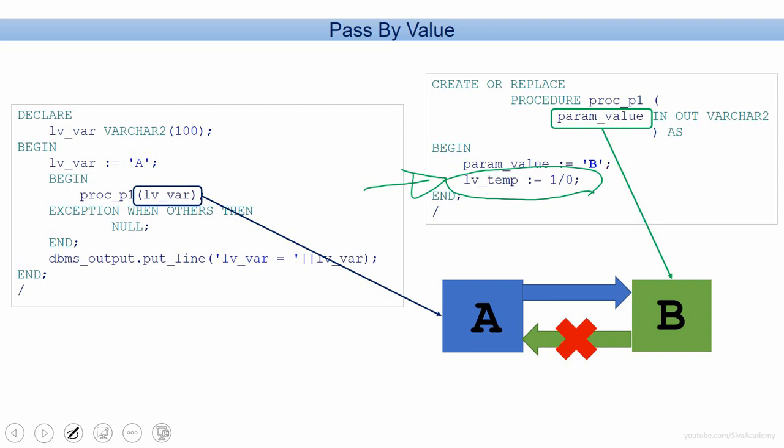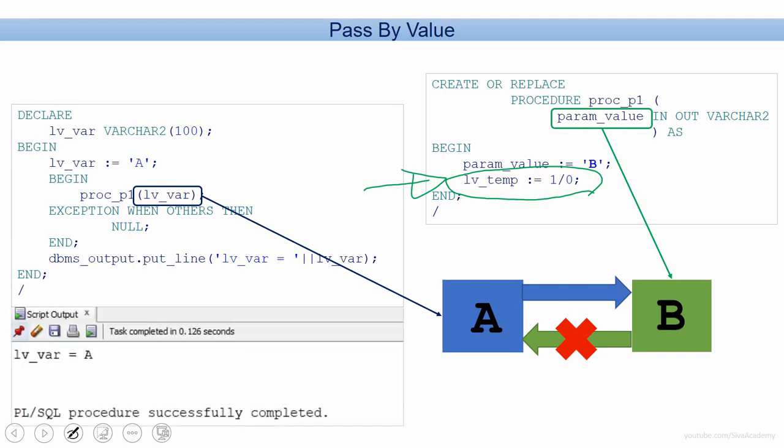Since an exception is raised inside the procedure, the control will immediately go back to the calling place without copying the information back from the formal parameter to the actual parameter. So the actual parameter still holds the value we passed as an input to the procedure, and this will get printed here.